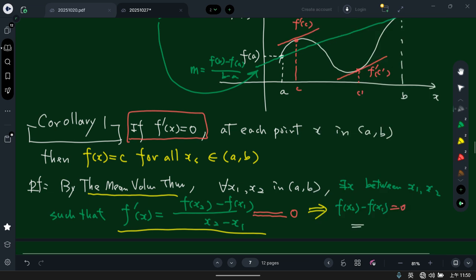Then finally, we get f of x2 is always equal to f of x1. So if any different points always have the same function value, only a constant function can do that.